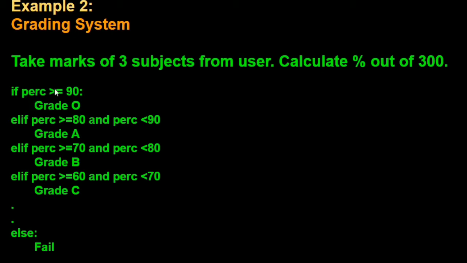Now accordingly, if percentage is greater than equal to 90, we'll give grade O, that is outstanding. Now elif percentage is between 80 and 90 we'll give grade A, and so on. Okay, now we shall go on till grade 60 to 70 is C. So let's see how we go about it.